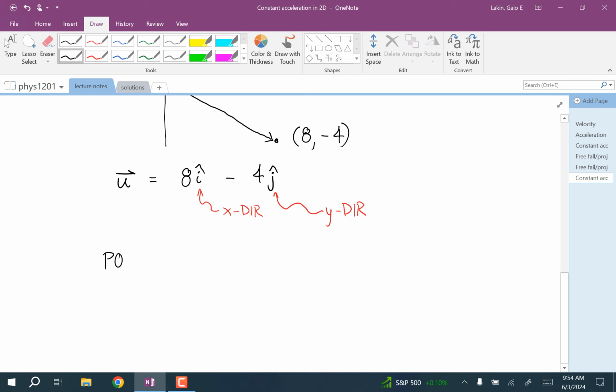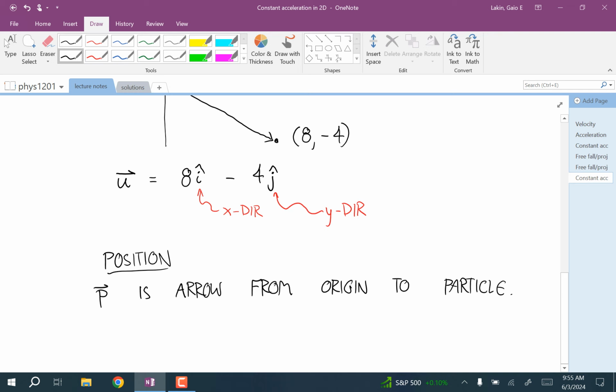Okay, so first, position. The meaning of the arrow in position is the arrow going from the origin of the coordinate system to the object. So the position vector, and I'll write it as P with the indicator that it's a vector, is the arrow from the origin of the coordinate system to the particle.